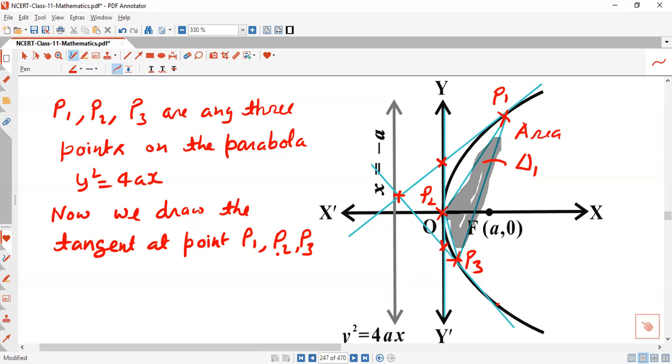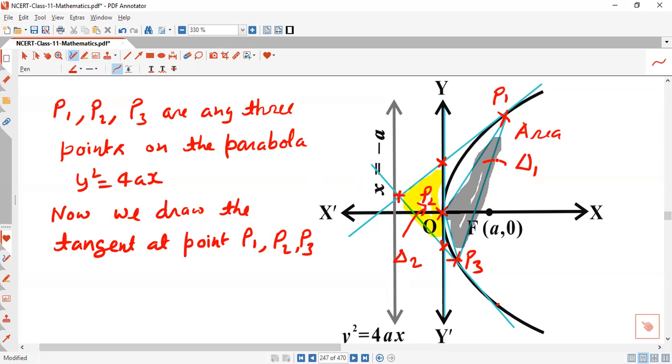They intersect each other and form an area. You see this one area, a triangle. They intersect each other at 3 points and form an area, and this area we say is delta 2.